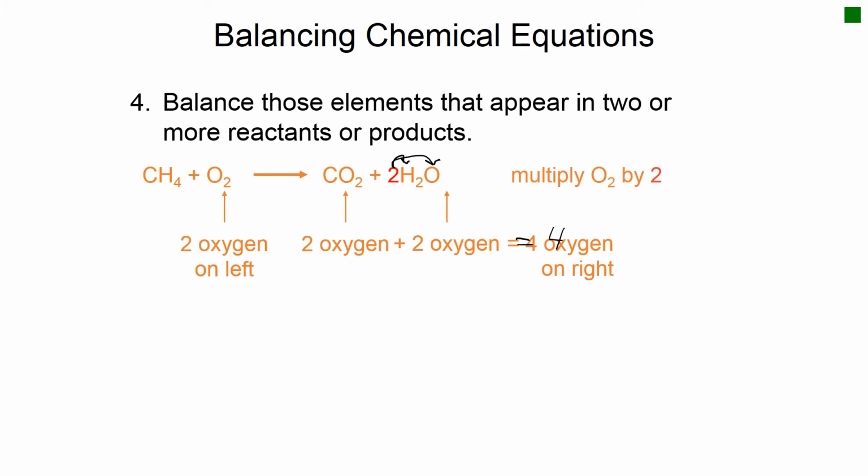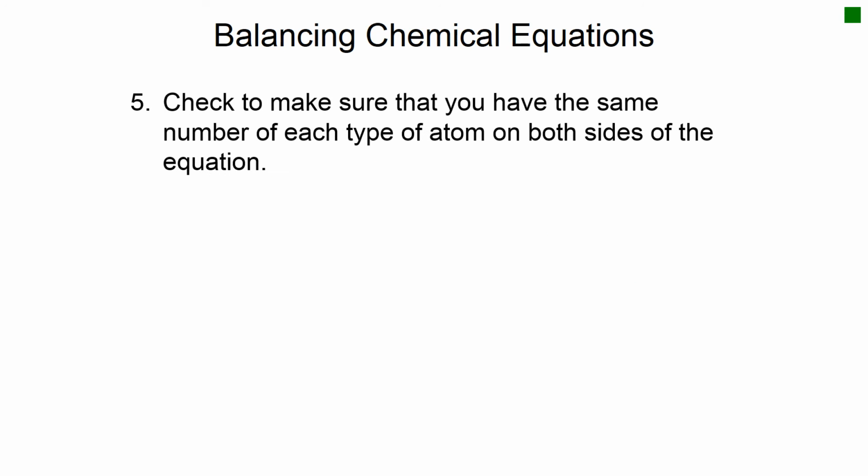So multiply O2 by 2. Here we go. So we've got CH4 plus 2O2 reacts to produce CO2 plus 2H2O. Now, is this right? We got to check it to make sure we have the same number of each type of atom on both sides of the equation. So here it is again.